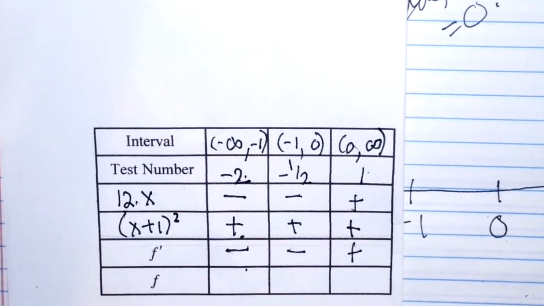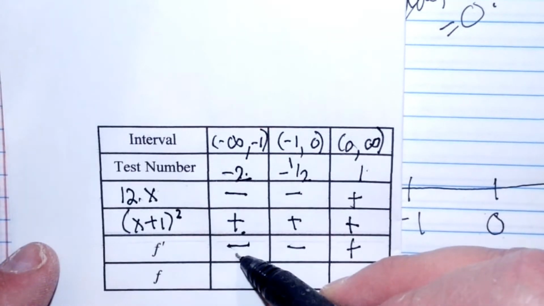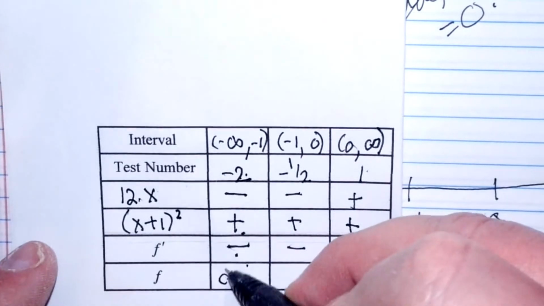We have figured out that the derivative is negative on two different intervals and positive on the other interval. So what does this tell us about whether the function is increasing or decreasing? Well, if f prime is negative, that tells us that f is decreasing.